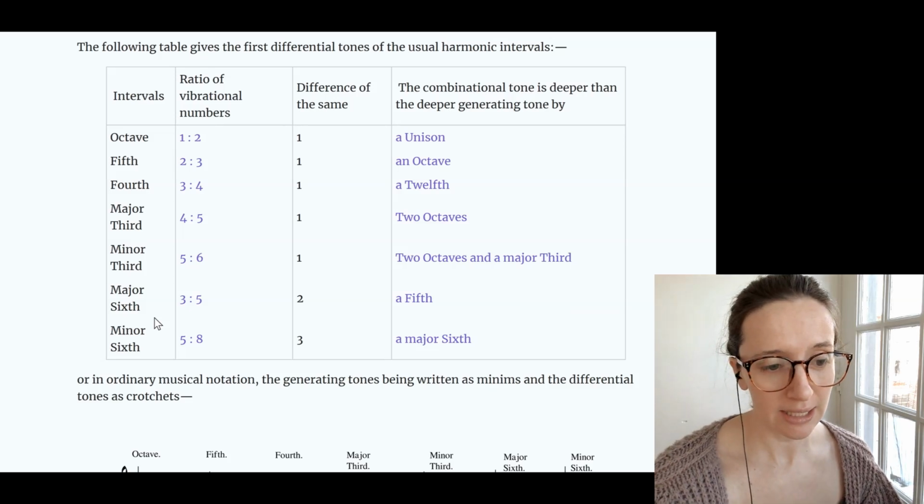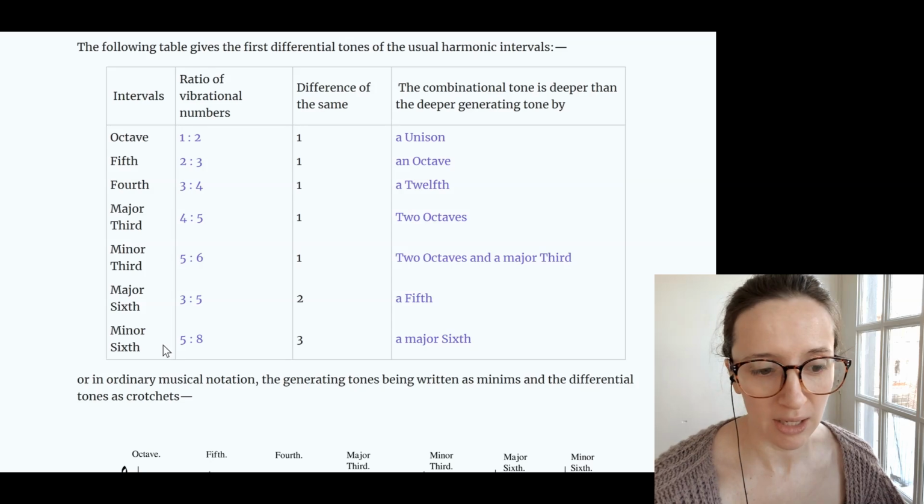And Helmholtz has calculated the combinational tones of some standard harmonic intervals.